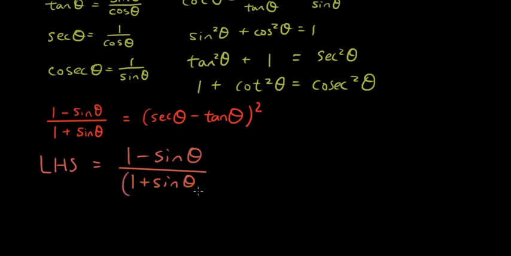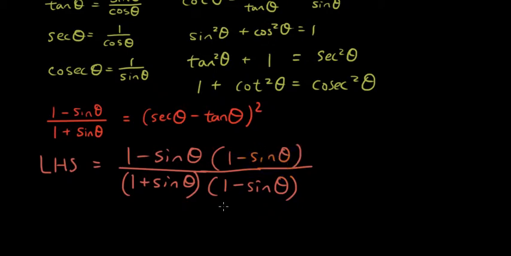So I'm going to multiply the bottom, the denominator, by 1 minus sine theta. Okay, and you'll see why I'm doing that in a second. But if I multiply the denominator by this number, I have to multiply the numerator by this number as well, so the fraction stays equal. Okay, so that's what I'm going to do to the left hand side.